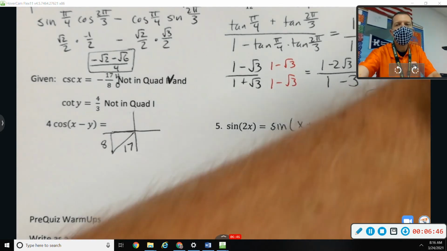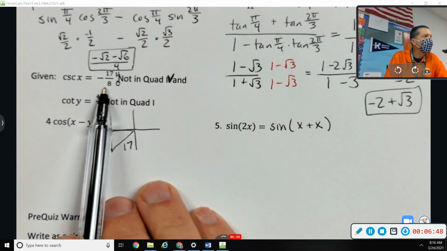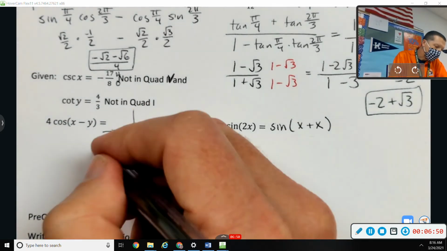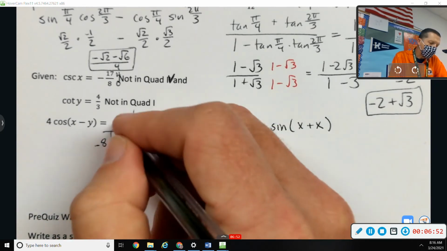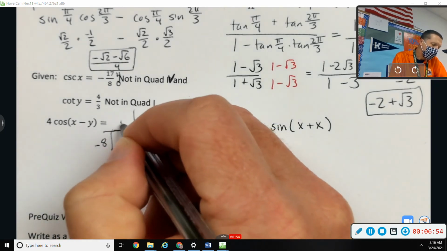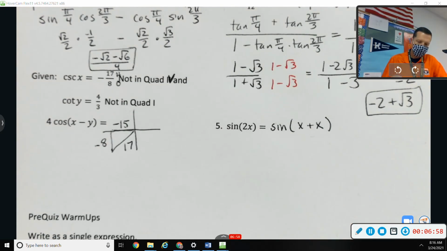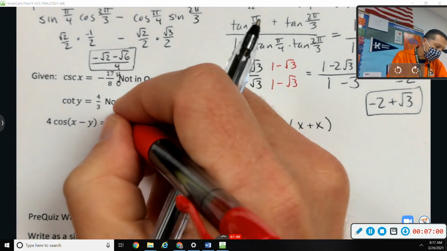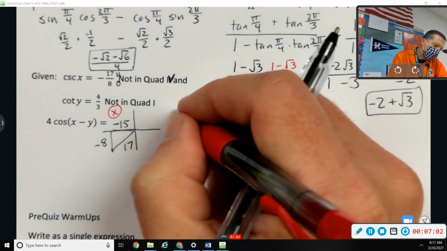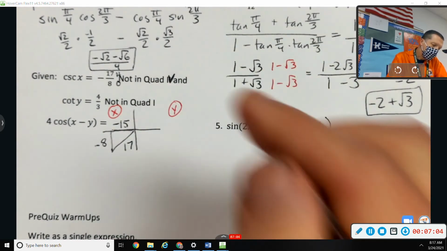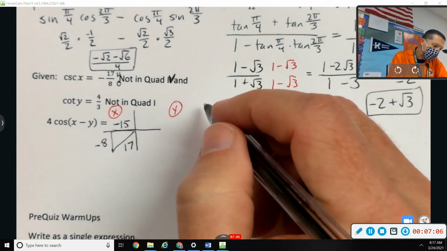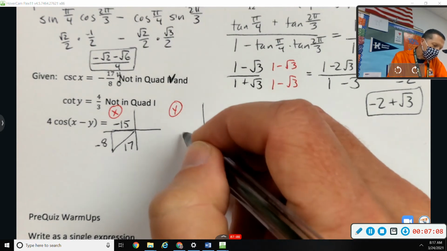Who was negative? Why is my answer negative over here? The 8's negative. And this is an 8, 15, 17 triangle. Negative 15 though, because it's backwards. So I should label this before I forget. That's angle X. Angle Y is not in quadrant 1.